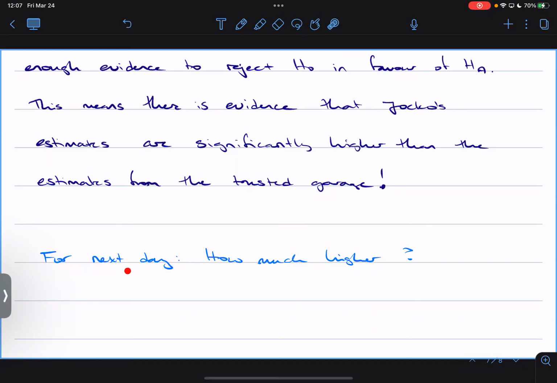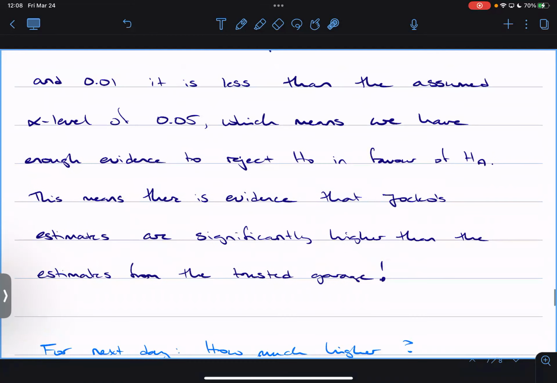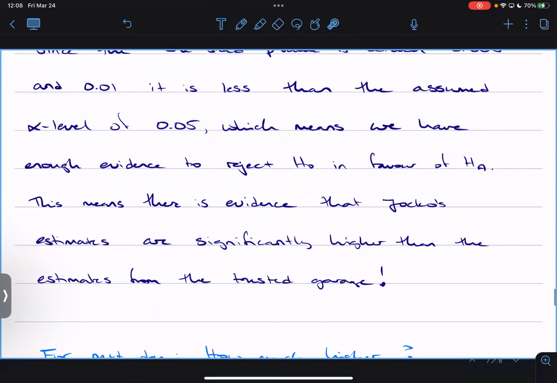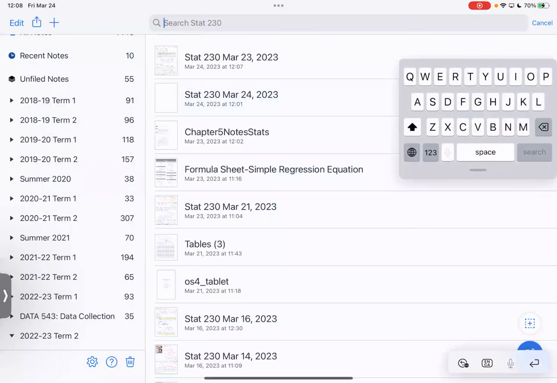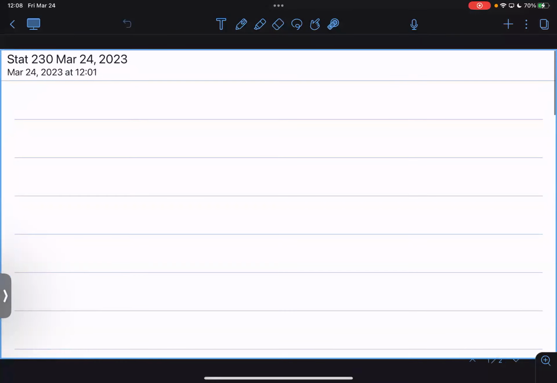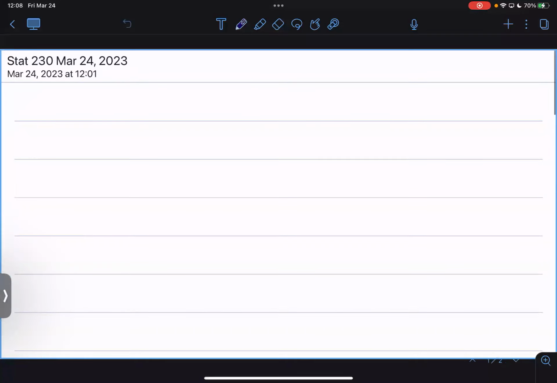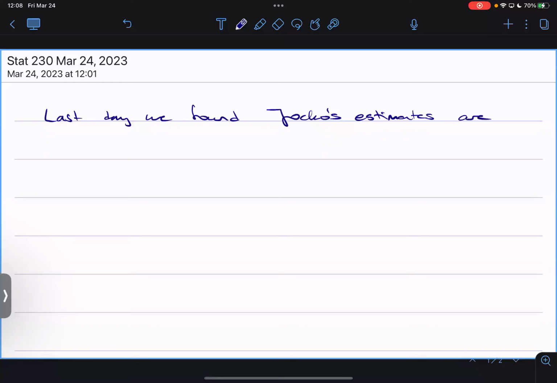You might not have seen it, but for today, okay, so the estimates are higher. How much higher, right? These are from the notes posted from yesterday. Just give yourself a good 10 lines or so. You're good. Because now, last day, we found Jocko's estimates are significantly higher than the trusted garage, right?